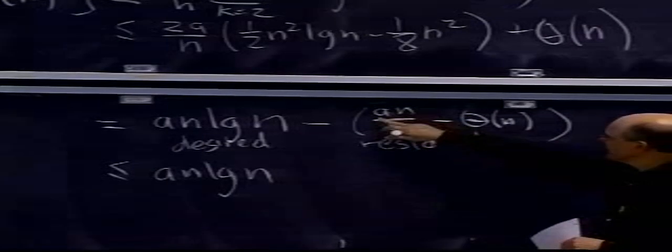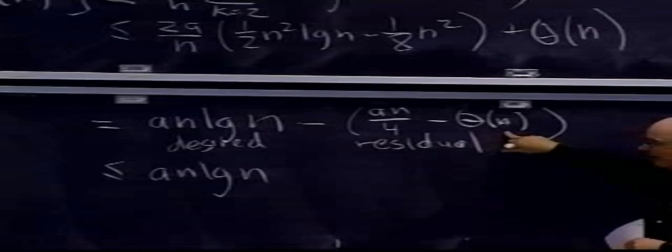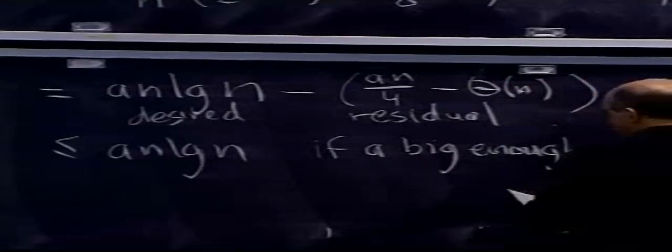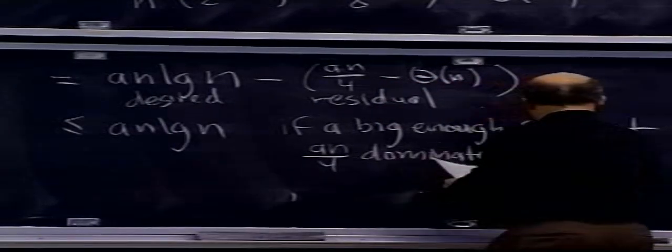And that's going to be less than or equal to a n log n if I pick a sufficiently large that the a n over 4 dominates the theta n, in which case this whole thing becomes non-negative and the inequality follows. So I pick a big enough so that a n over 4 dominates whatever function is hidden by the theta n.